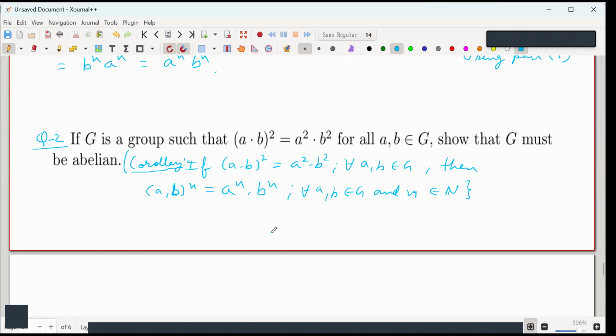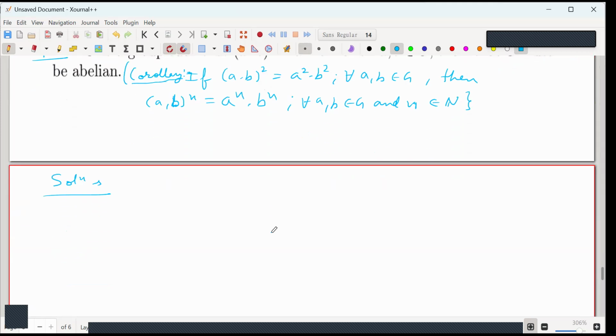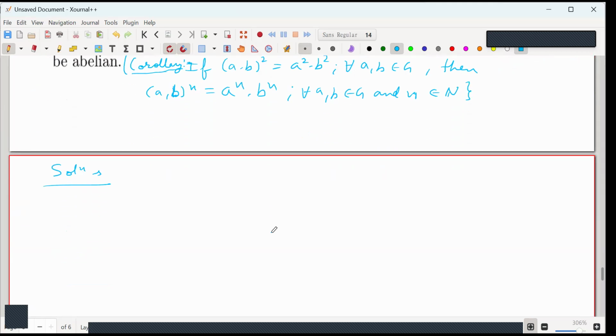I just have the idea. Suppose that there are two elements A and B such that AB is not equal to BA.